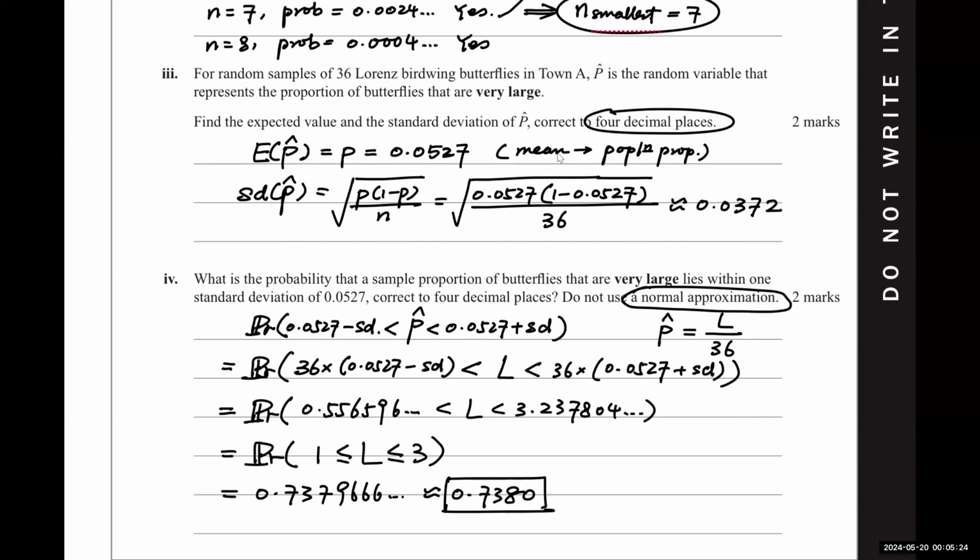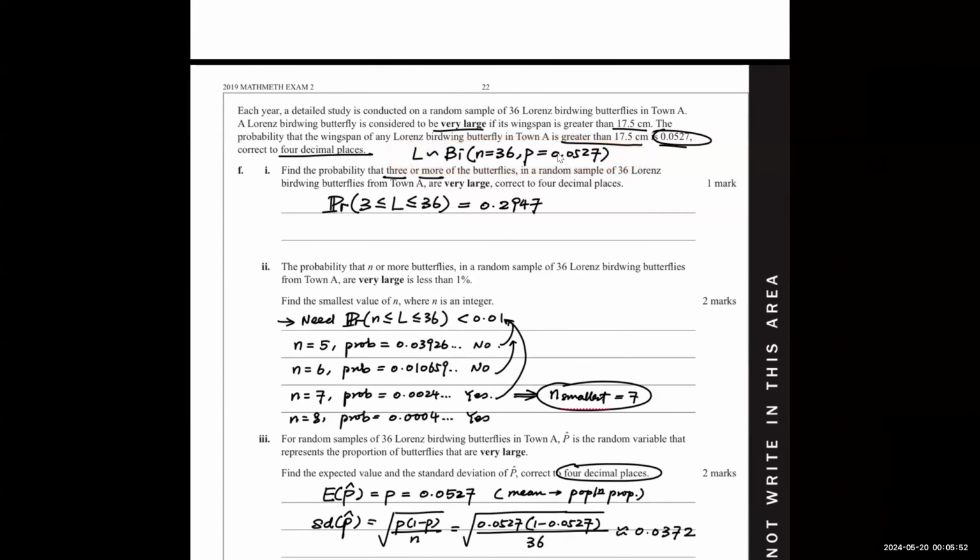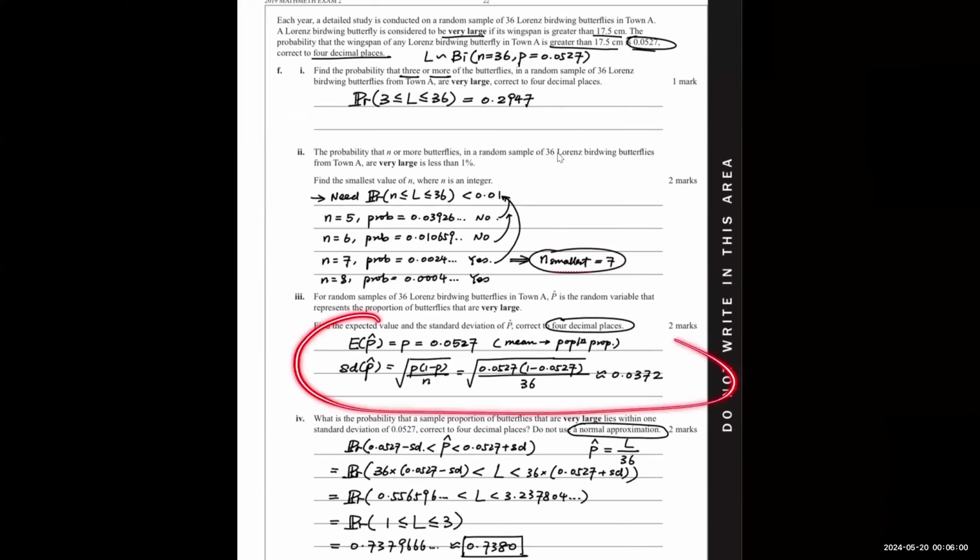But in practice, in the actual exam situation, you probably won't have sufficient time to do everything so perfectly. You can just, let's say, start from here, show the multiplication, and then maybe jump to here, or if you recognize a suitable range here, then you may just jump to your binomial CDF, okay? Because you have already defined the binomial random variable at the start of part F, okay? You can see the whole question is about a binomial distribution and also some sampling stuff, sampling proportion.